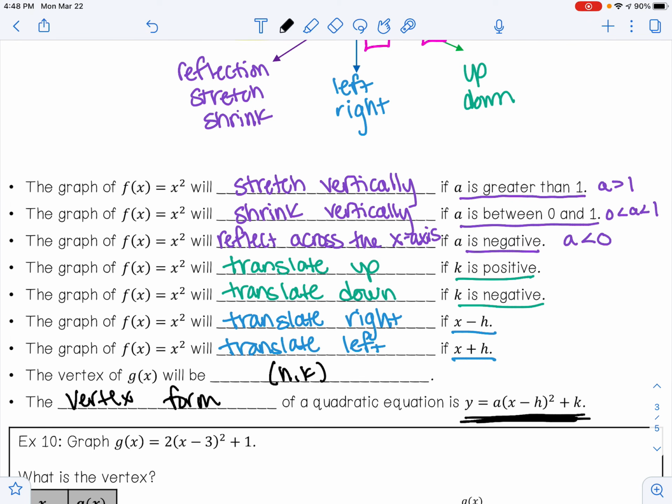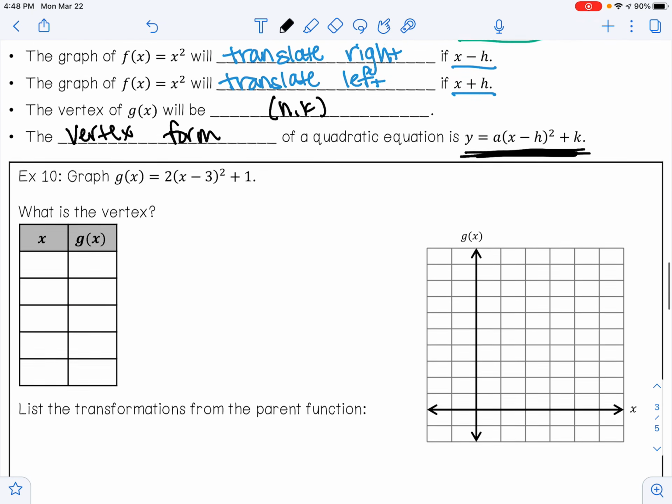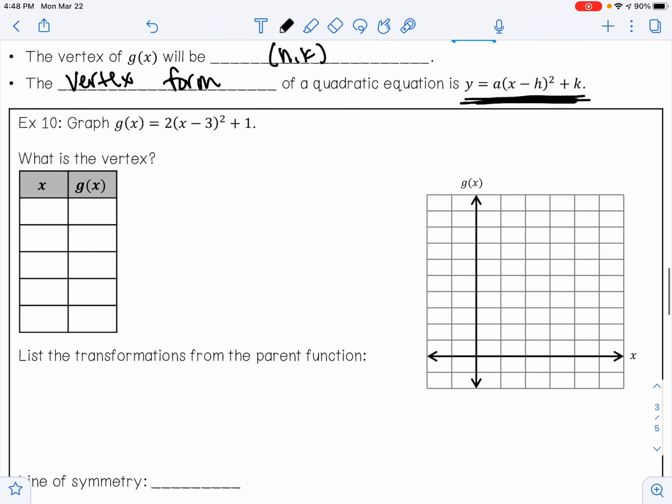So let's put all of this information together on example 10. It says graph g of x equals 2 times (x minus 3) squared plus 1. What I'm going to do first is find the vertex.